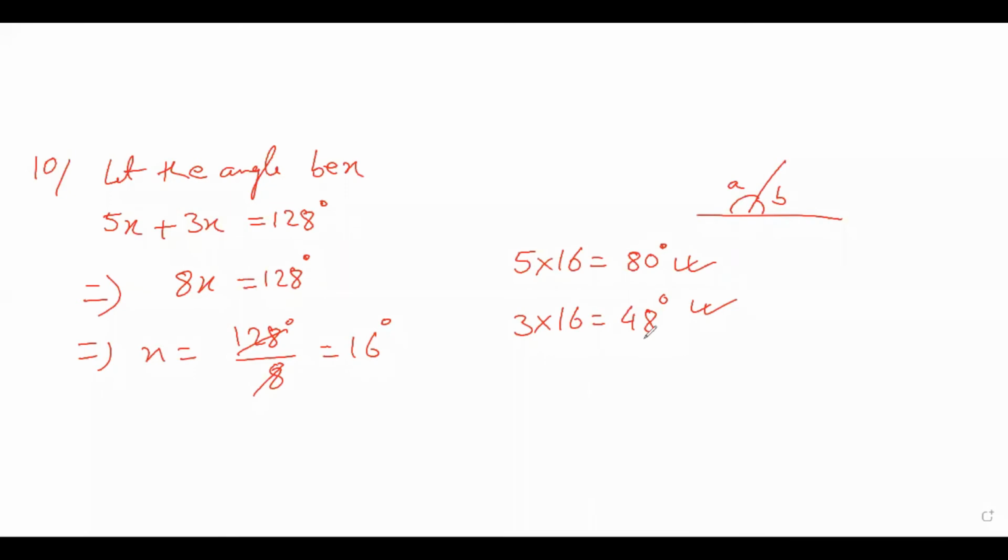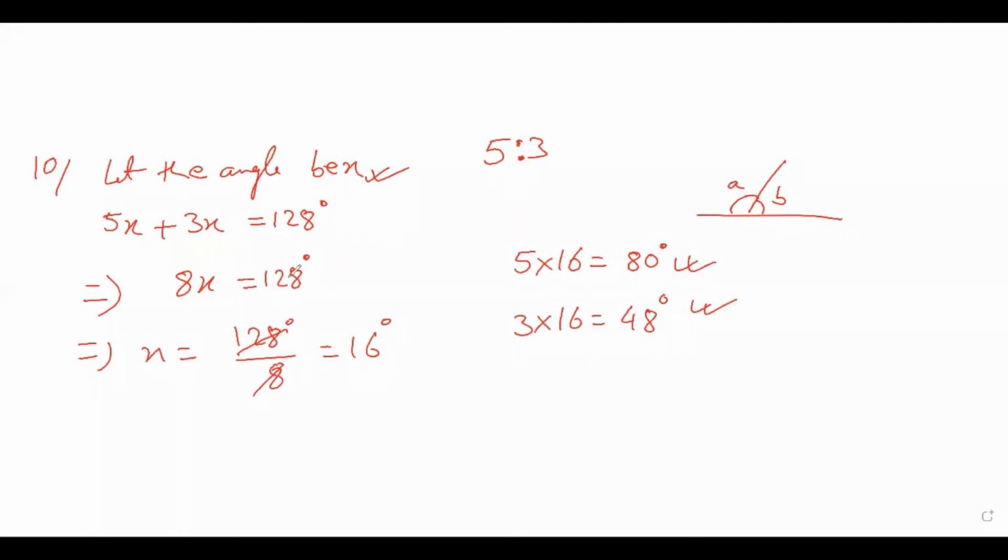Now next we come to the figures. I hope you have written the solution. Ankita De, in the question it is given that the sum of two angles is 128 degree and the angles are in the ratio of 5 is to 3. So let the angle we have assumed be x.